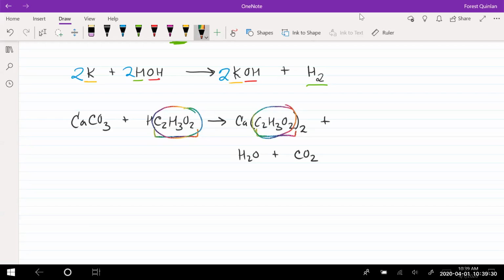Well, I'm just going to make sure that those balance each other out. There's no reason that thing would split apart and do anything weird. If I see it on the left and I see it on the right, just go ahead and balance those. So I notice I have 1 on the left, I have 2 on the right. So I need to put a 2 in front of the 1 on the left to make sure that I have 2 equals 2.